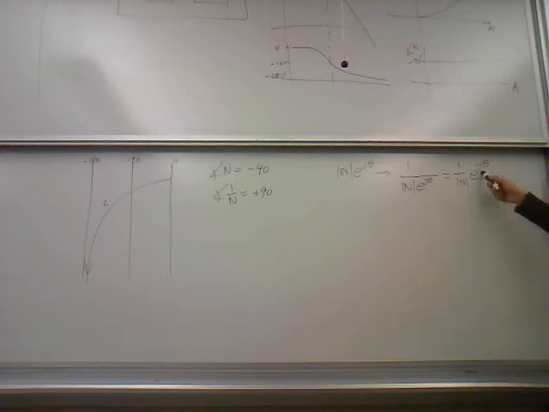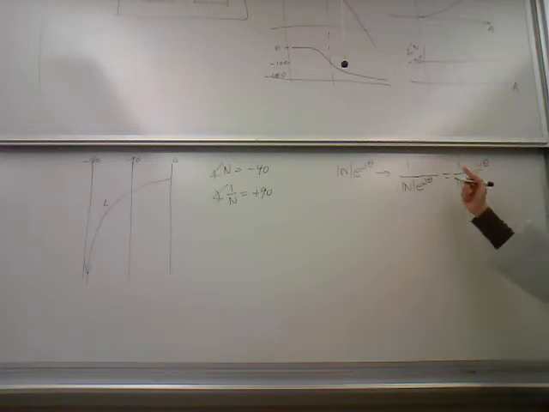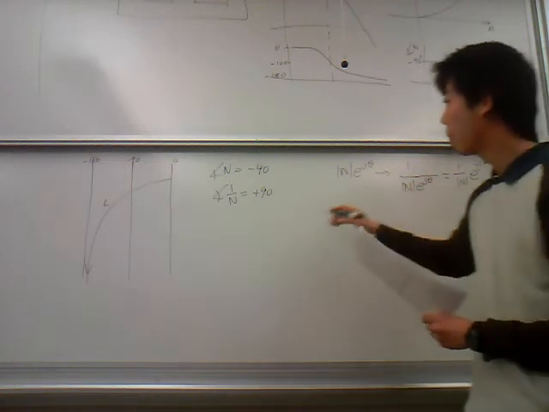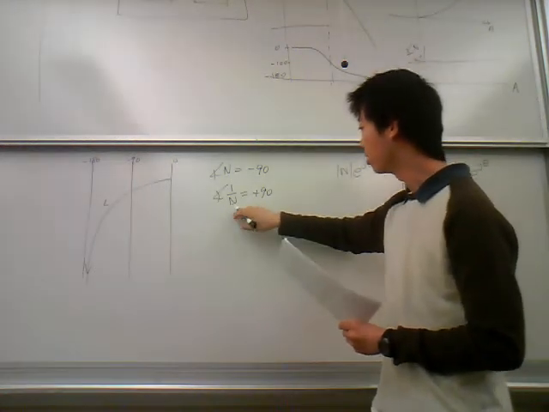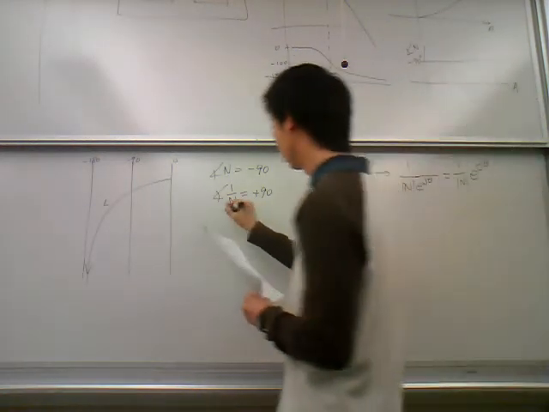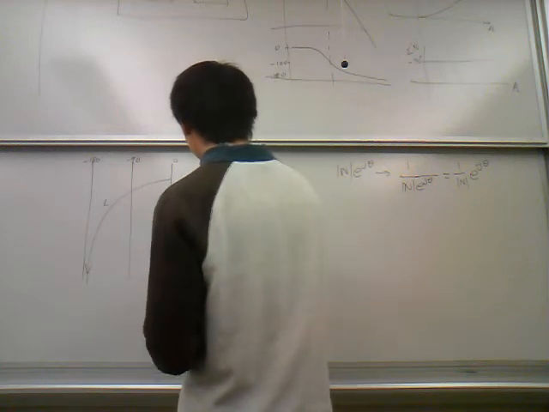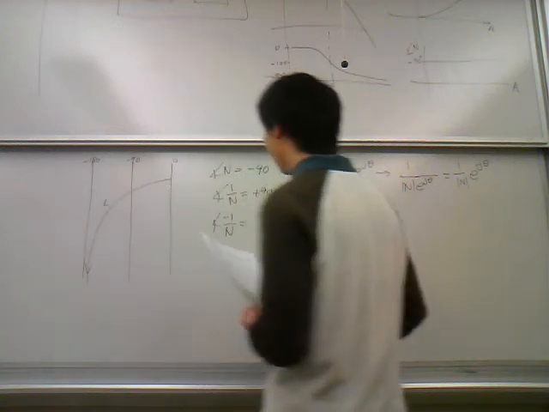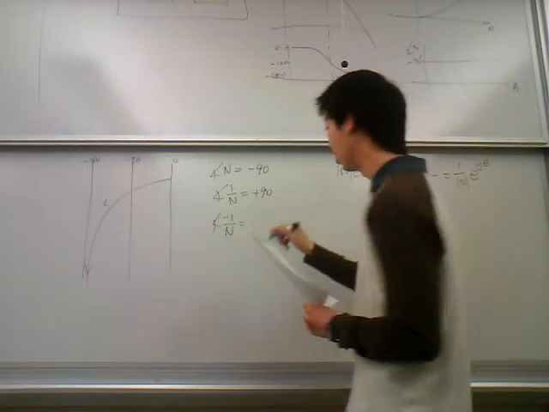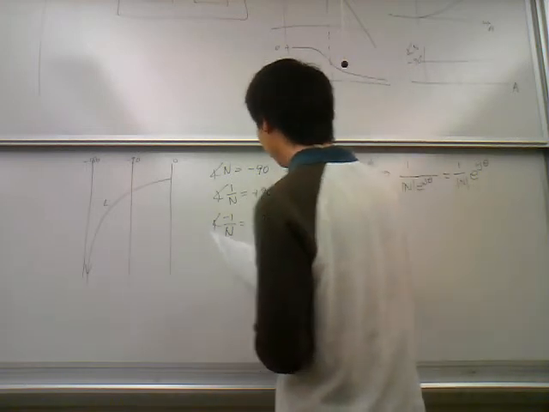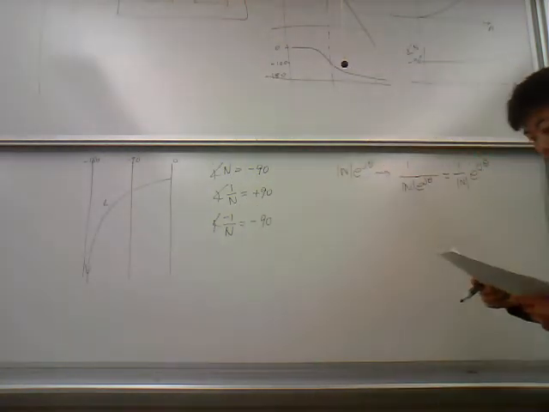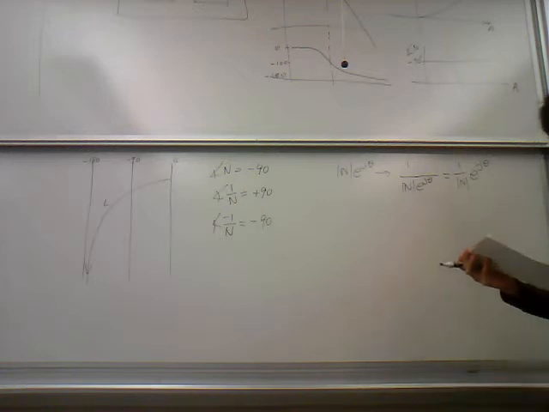So do you see how, from negative 90 degrees, you come and it's now shifted by 180 because of that negative sign. So the phase of 1 over N is plus 90. Now we do the phase of negative 1 over N. And again, you shift by 180 degrees, so it goes back to negative 90. Right, does everyone see this?